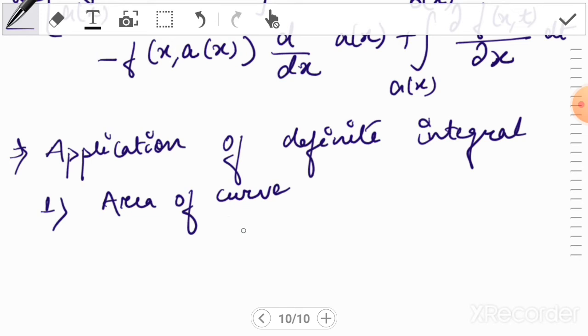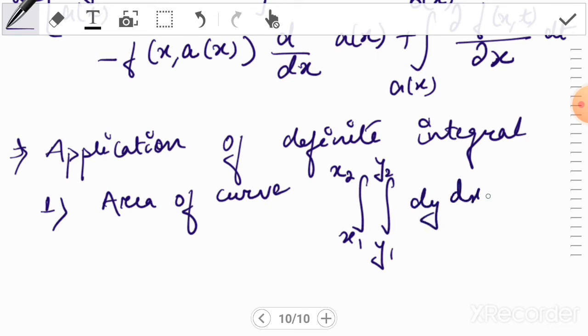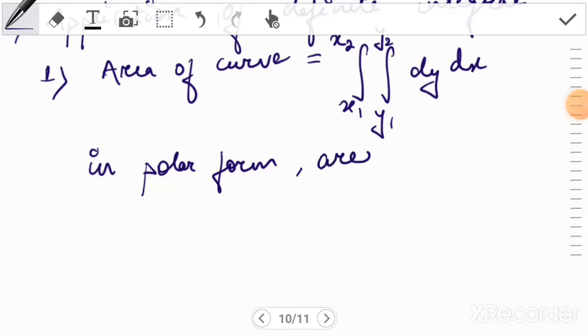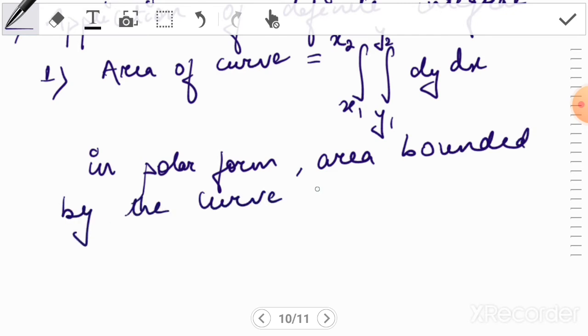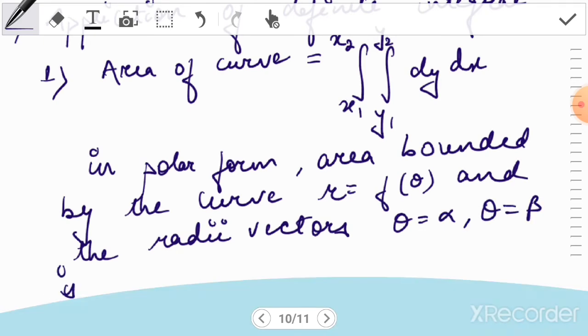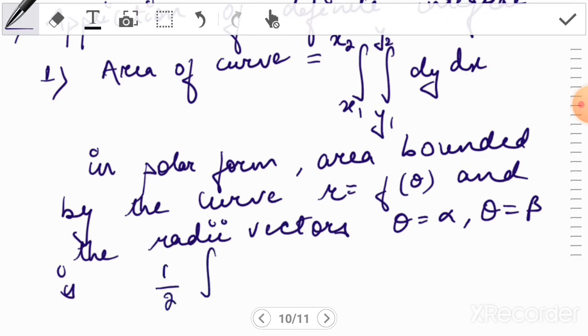Okay, so in Cartesian form, the formula is the integral x1 to x2, y1 to y2 of dy dx, and in polar form, the area bounded by the curve r = f(theta) and the radius vectors theta = alpha and theta = beta is half integral alpha to beta of r square d theta.